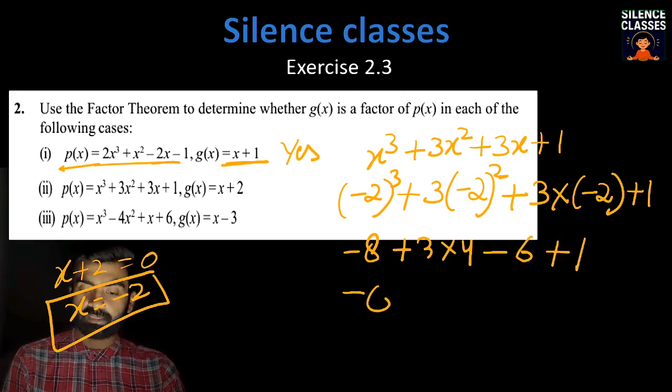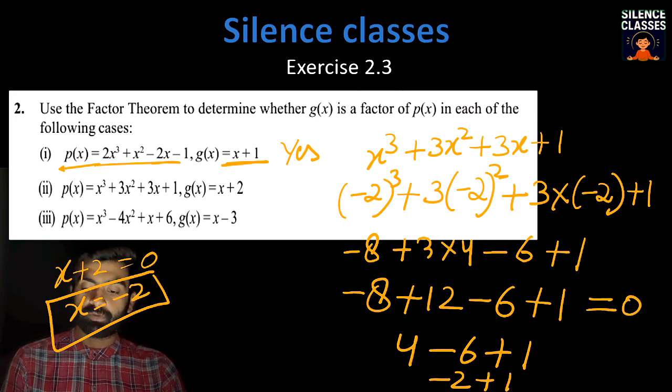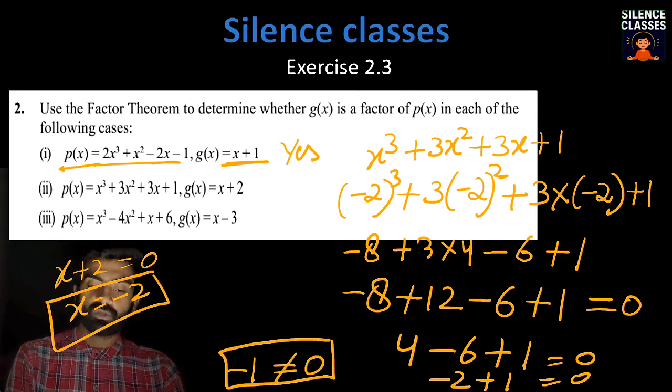So we will get minus 8 plus 3 4s are 12, minus 6 plus 1. We have to find out whether it is equal to 0 or not. So minus 8 plus 12 gives 4, minus 6 plus 1, so we will get minus 2 plus 1, so minus 1 is not equal to 0. So we can say no, x + 2 is not a factor of the given polynomial.